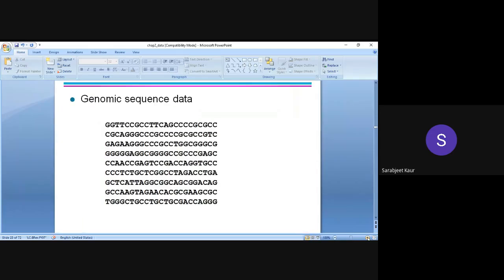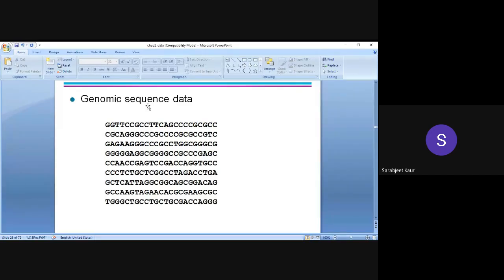So please see on the screen, you can see that there are four genome nucleotides of human genes, that is A, C, T, and G. Now, the ordering of these nucleotides generally determines the characteristics of our genes. So the sequence in which these are arranged is very important.